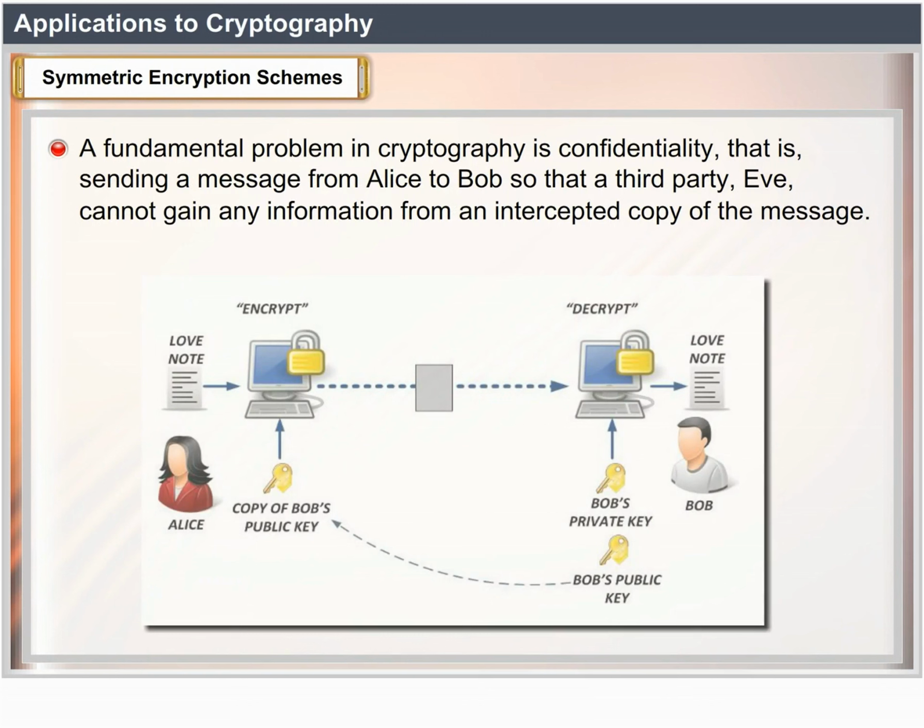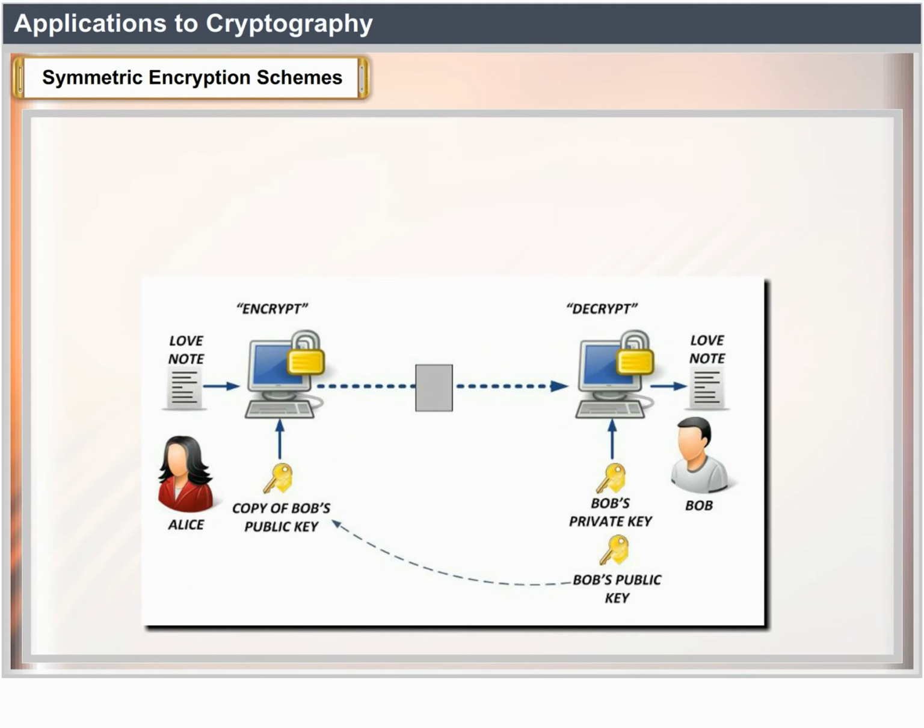A fundamental problem in cryptography is confidentiality, that is, sending a message from Alice to Bob so that a third party, Evie, cannot gain any information from an intercepted copy of the message.